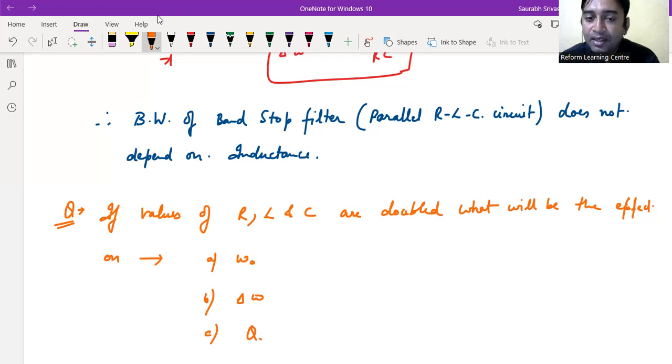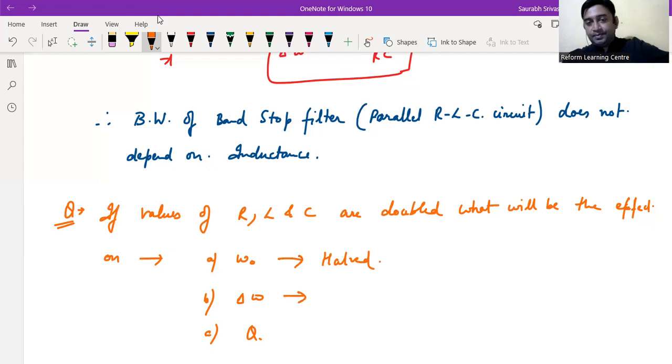Now, what will be the effect on delta omega, omega naught, and Q? Omega naught is 1 upon under root LC. L is double, C is double. It will be half. What will be the effect on delta omega?